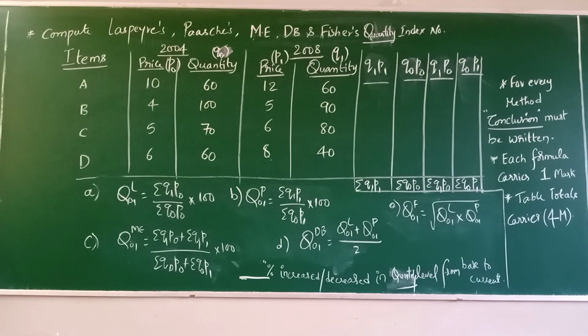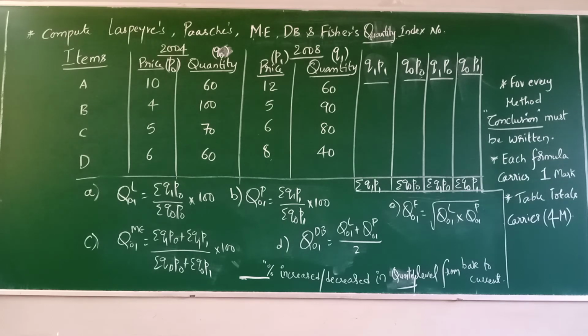And look at the formula once again. Q01L, Laspeyres quantity index number. So for Laspeyres quantity index number, as I said earlier, for price, quantities would be the weights, and for quantities, prices would be the weights. Just look here.